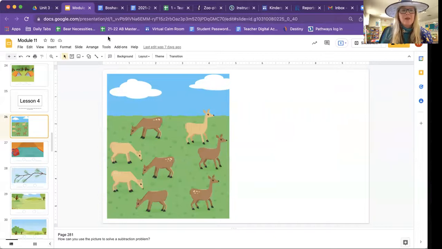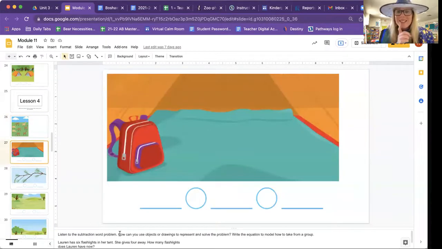All right, let's look. Listen to the subtraction, ding, ding, ding. There's a hint. Subtraction word problem. How can you use objects or drawings to represent and solve the problem? Write the equation to model how to take away from the group. So we're going to draw to represent the problem, and then we're going to write the equation.